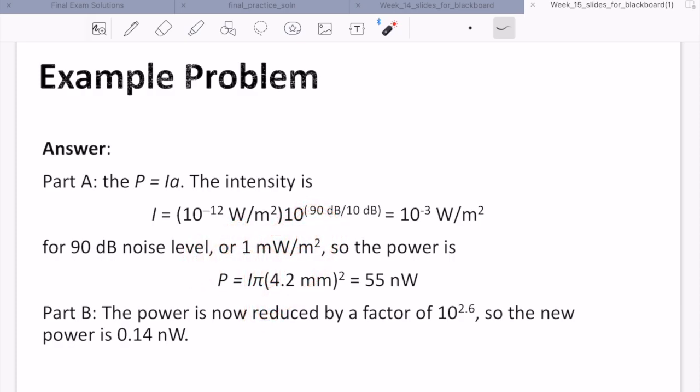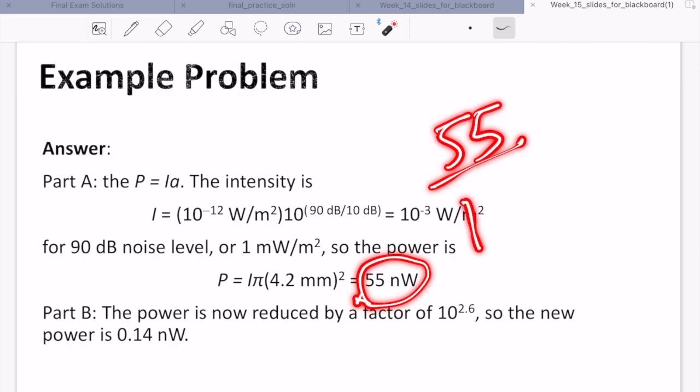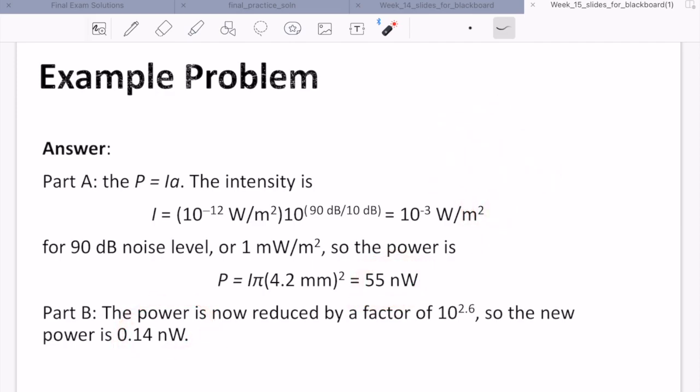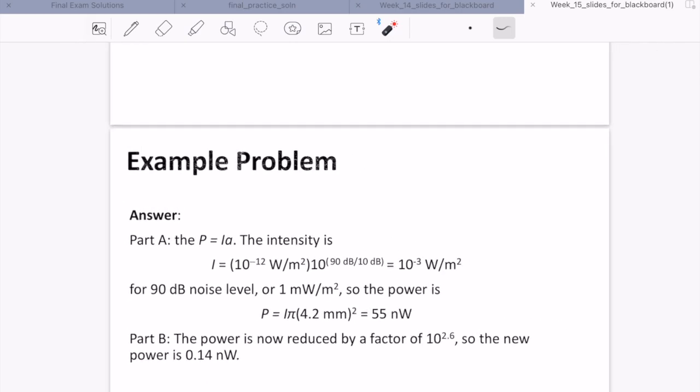So to figure out the new power, we have this power of 55 nanowatts. If we divide 55 by a factor of 10 to the 2.6, we get 0.14 nanowatts. We decreased it by the same factor that the sound intensity decreased by.